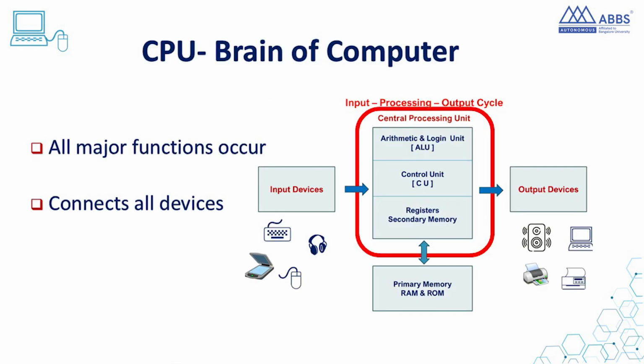The central processing unit is the brain of the computer. It comprises the arithmetic and logic unit, control unit and memory storages, significantly the primary memory and the secondary memory. It also has some space for registers.